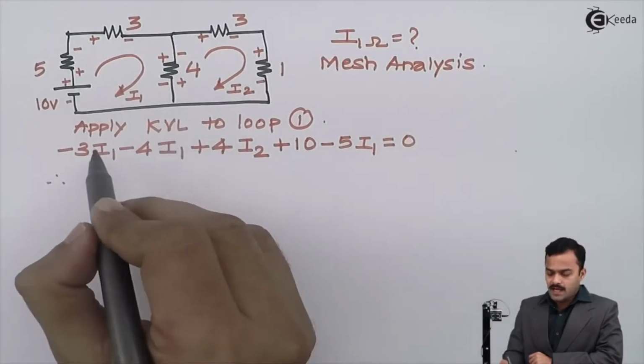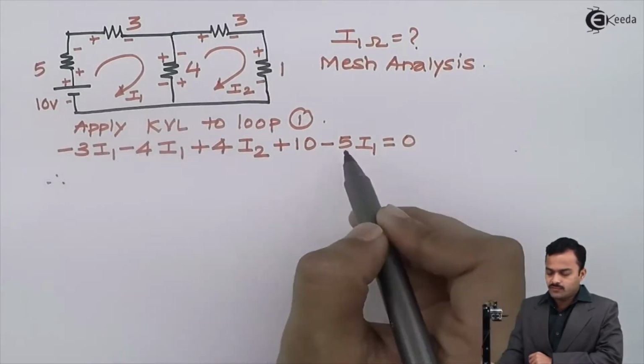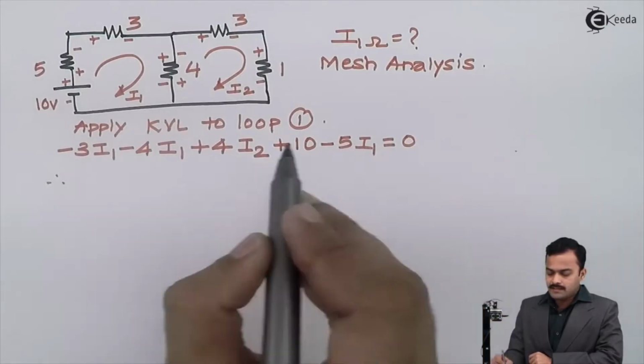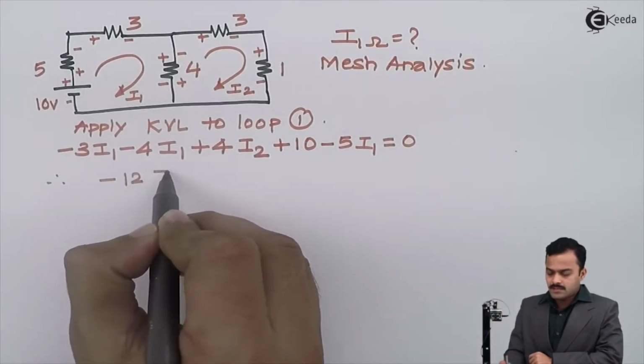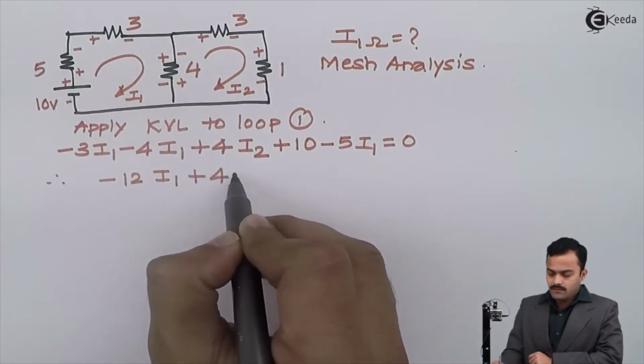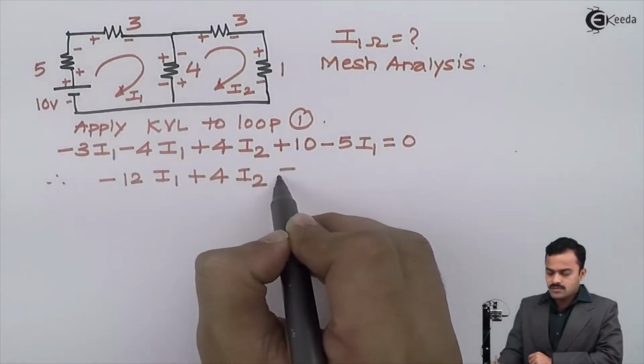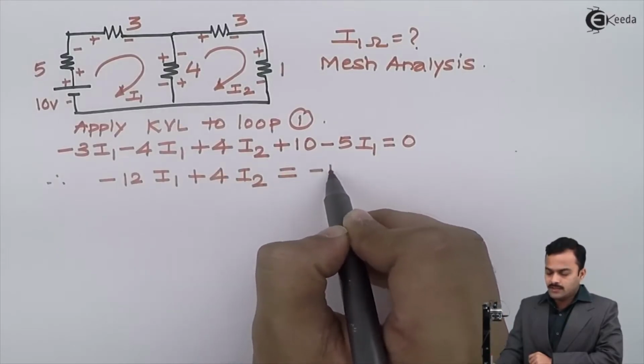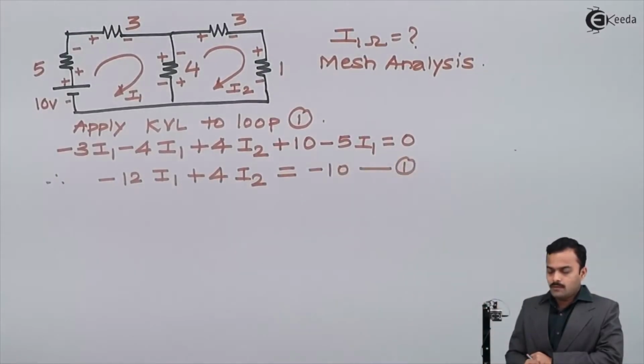After simplifying, I will get minus 3, minus 4 and minus 5 as minus 12I1 plus 4I2. The constant I will take to the other side of the equation. So I will get equation number 1.